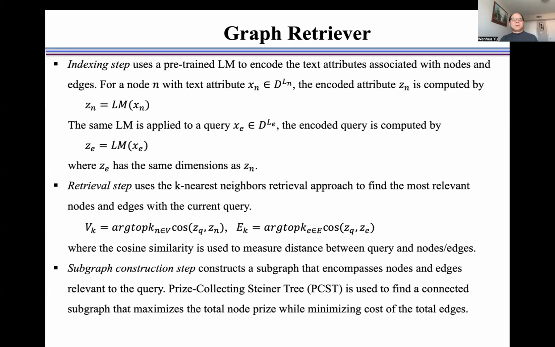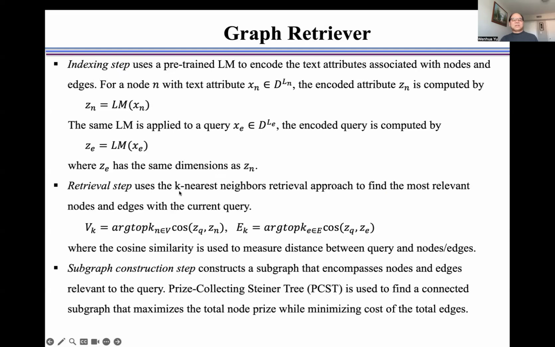For a node n with a text attribute xn, the encoded attribute zn is computed by using the language model. The same language model is applied to a query xq. The encoded query zq is computed by using the language model, where zq has the same dimensions as zn.